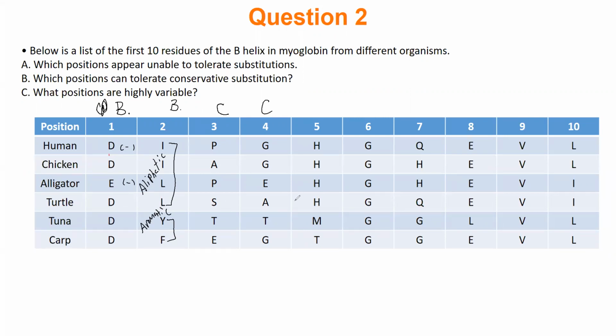5, okay. 5 is an interesting case. When studying your amino acids, I told you that histidine is often one of the charged amino acids. However, it is only charged maybe like 30% of the time, and most of the other times it's just polar. So looking at this, I would say that is conservative because these are all polar amino acids.